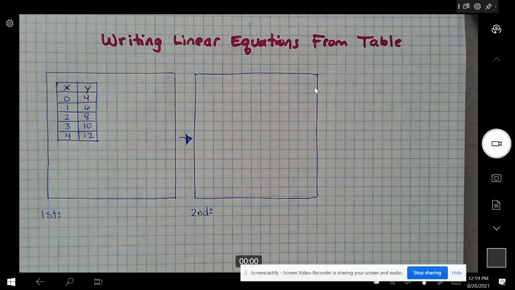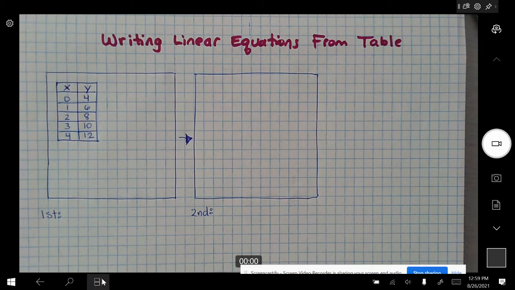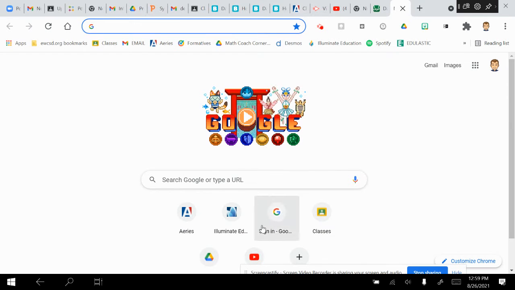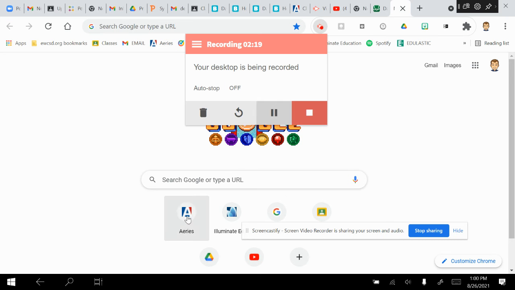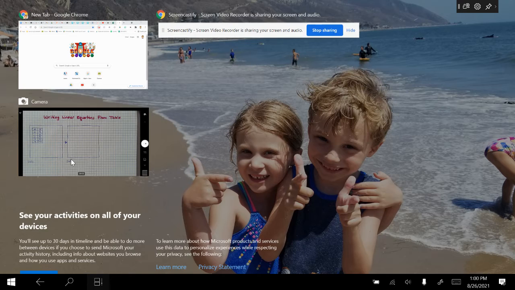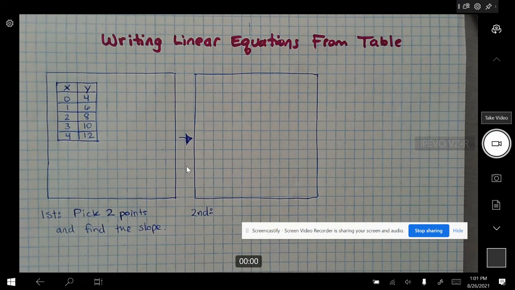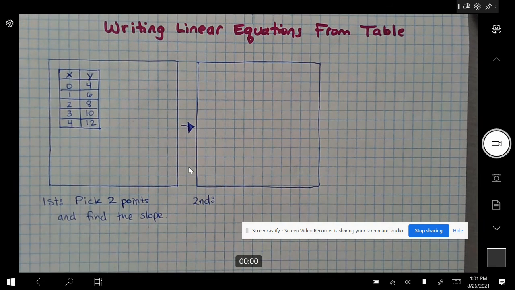Now, I'll give you guys a second. Let me get back to this. And so look at the note I put on the bottom. Pick 2 points and find the slope.